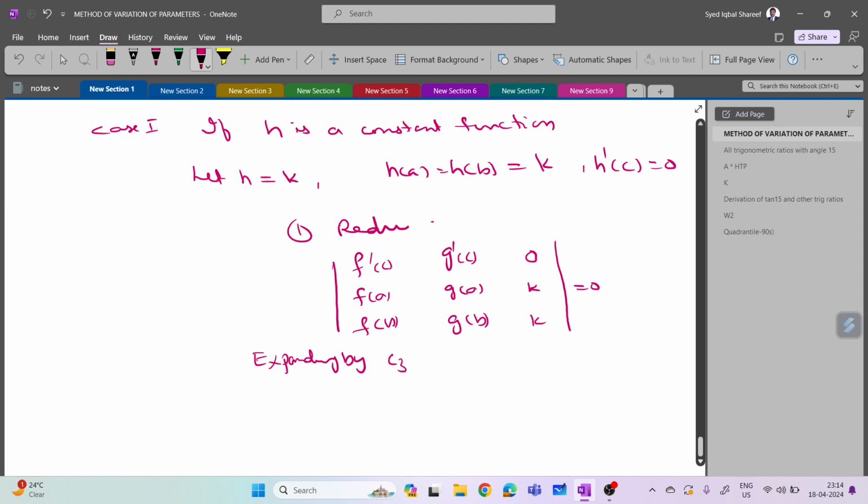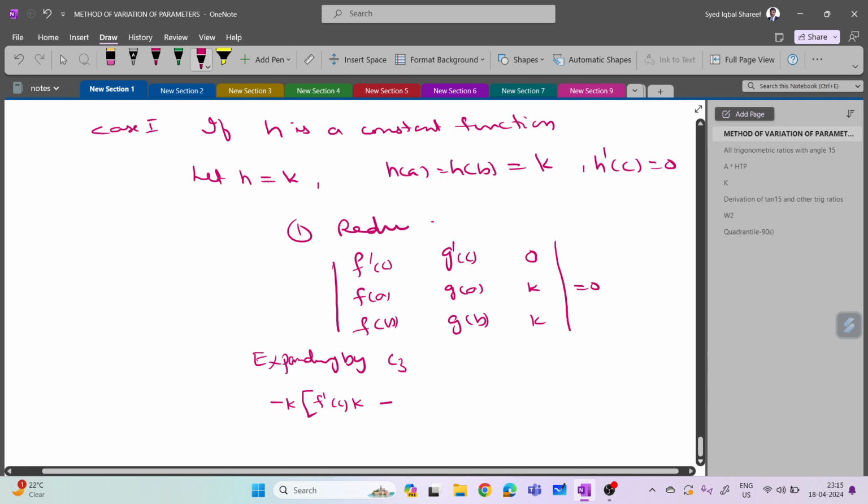First will go off, the second will be there. So it will be f dash c into k minus g dash c into f of b, plus k times f dash c into g of a minus g dash c into f of a, equal to 0.